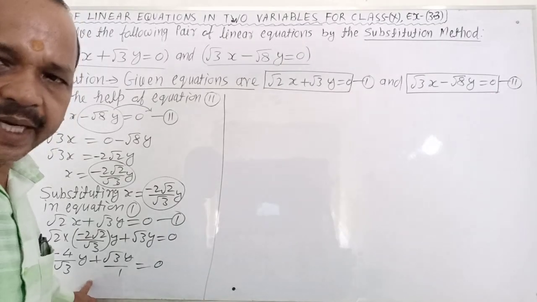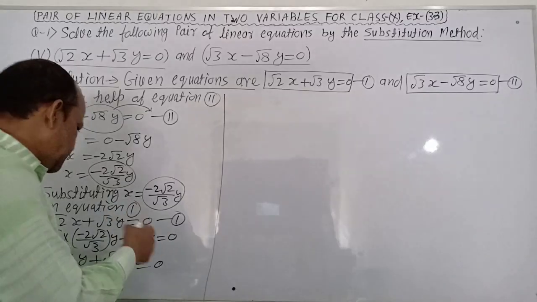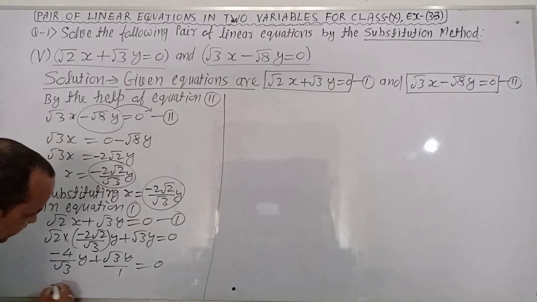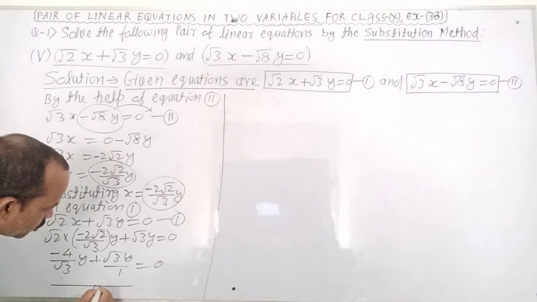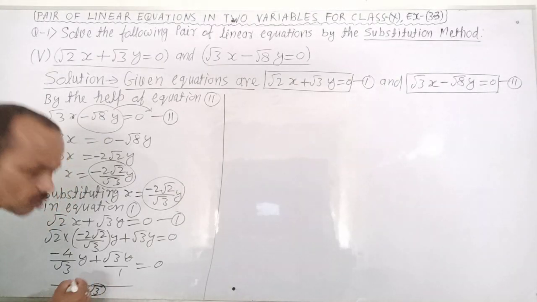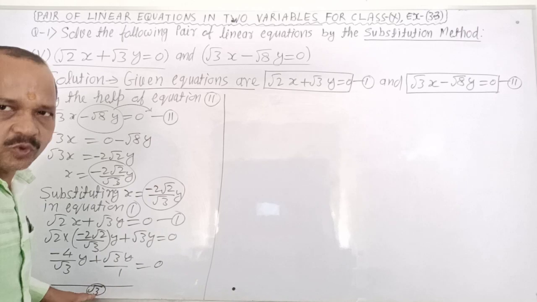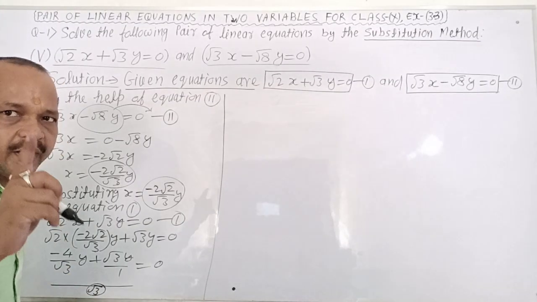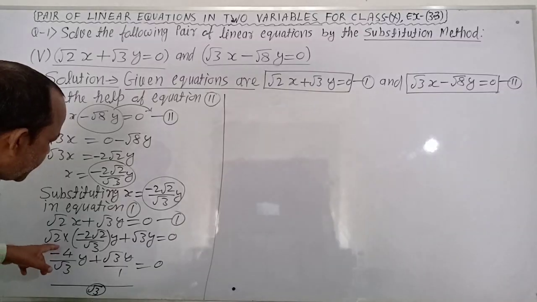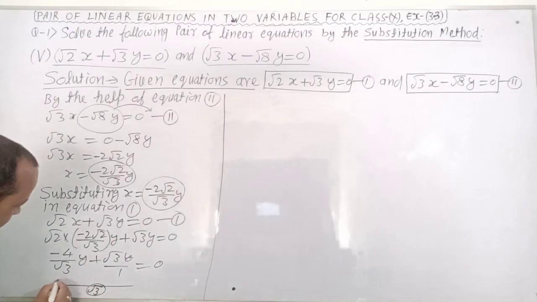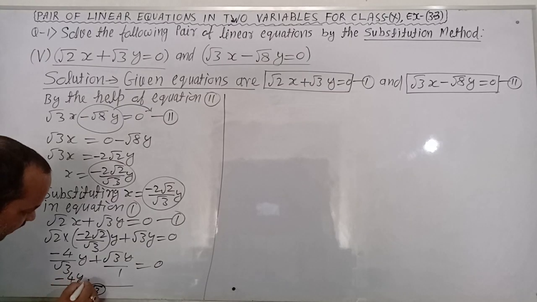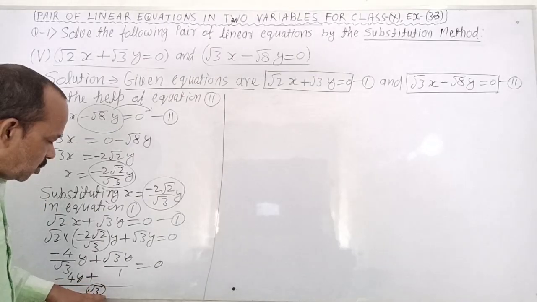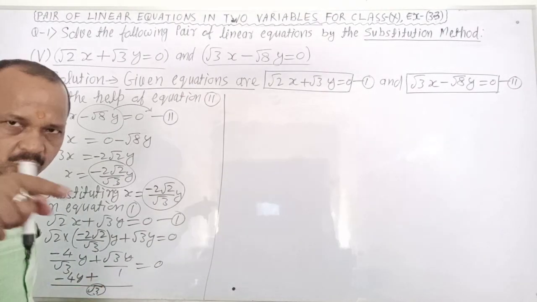Very good. Here you can take LCM root 3. Root 3 divided by root 3 you find 1. 1 multiply by minus 4y becomes minus 4y. Plus root 3 divided by 1 you find root 3.